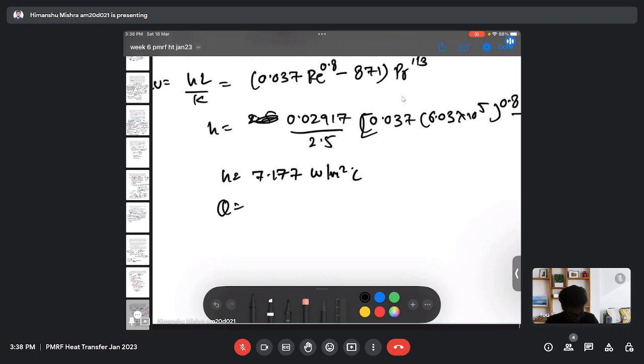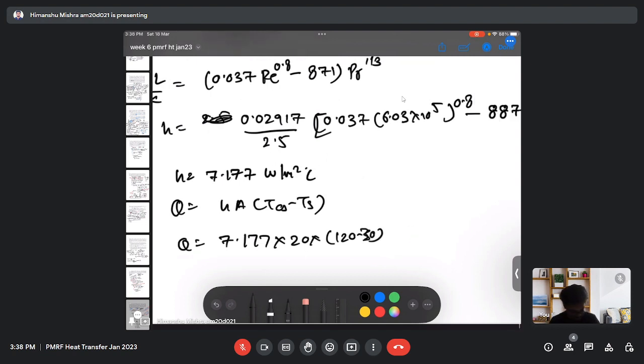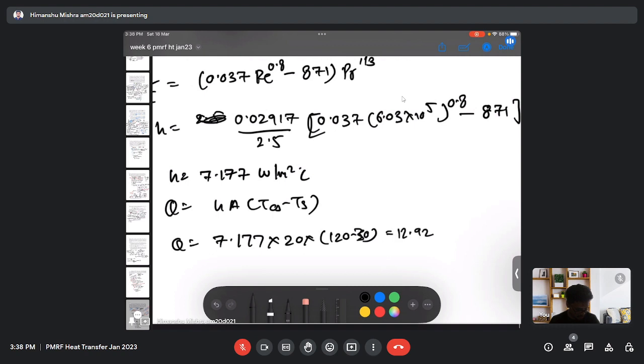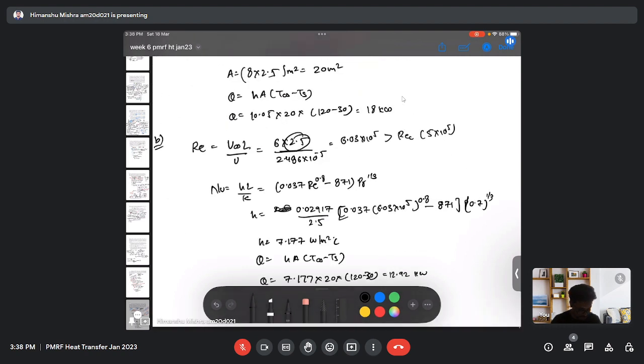And my heat transfer will be 12.92 kilowatt. So earlier our heat transfer was 18 kilowatt. Now it's 12.92.